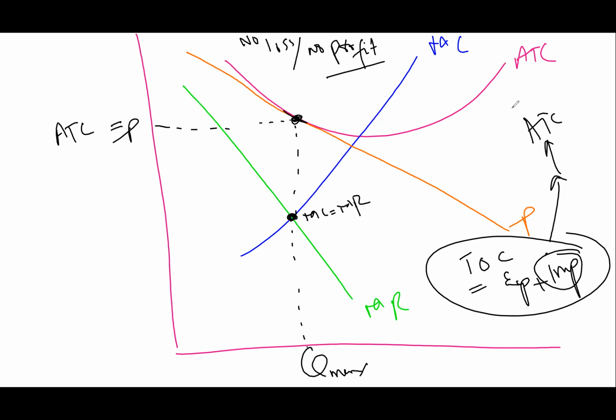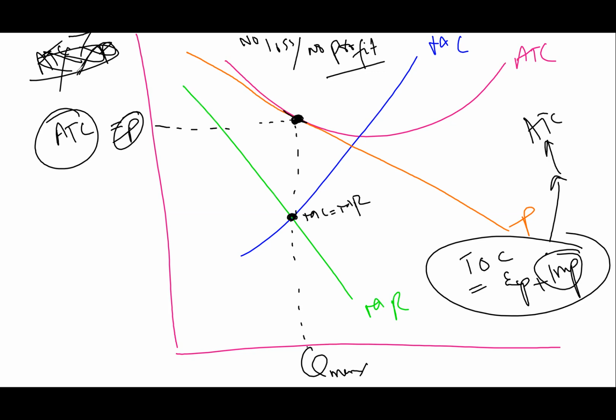So in the long run, only those firms survive whose average total cost is equal to the market price. If the average total cost of some firms is greater than the market price, they will exit the market. That's it. Because it is no longer profitable for them to stay in the market in the long run, they will exit.